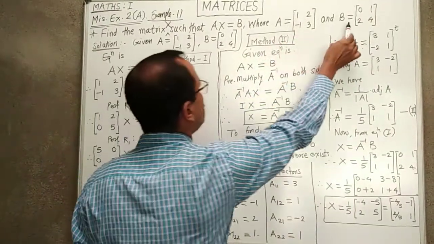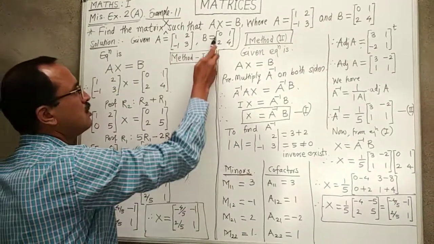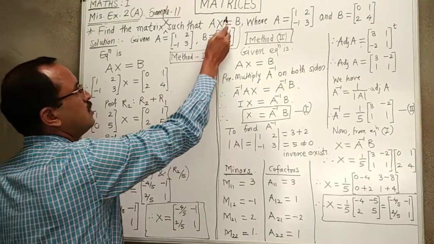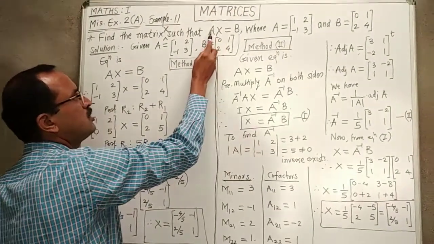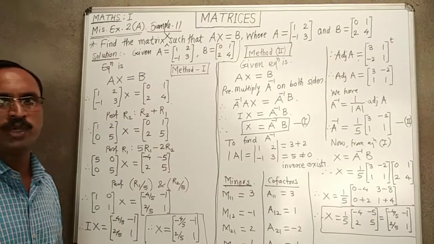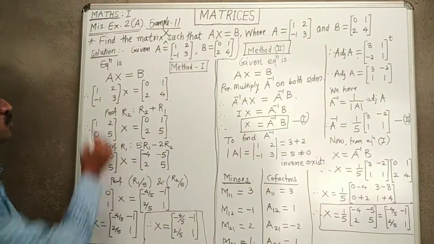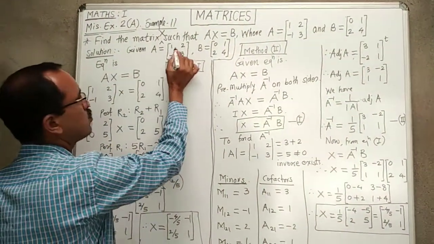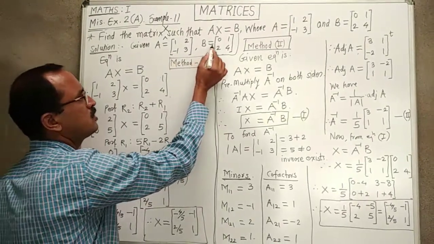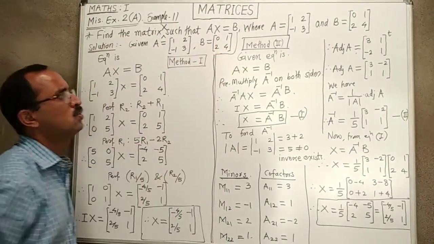Means matrix A and B are given, and we have to find this matrix X by using the equation AX is equal to B. Now the solution is, given A is equal to matrix 1 2 minus 1 3 and B is equal to 0 1 2 4.